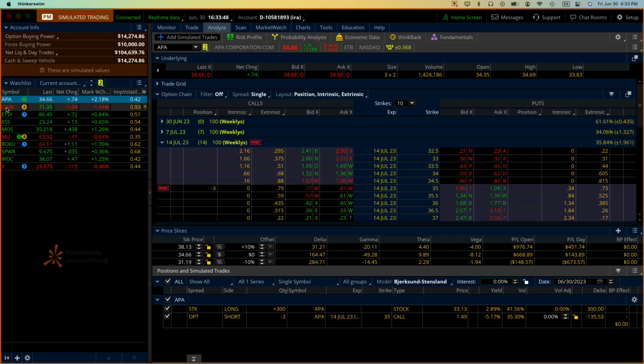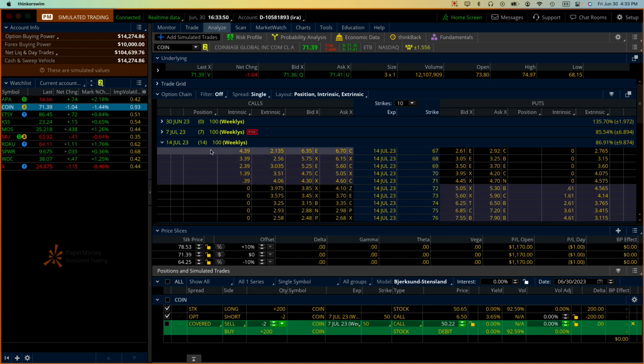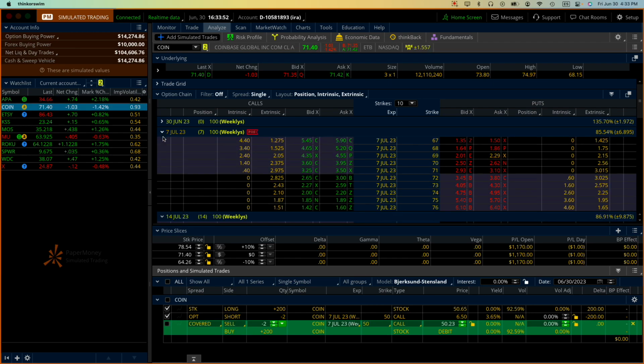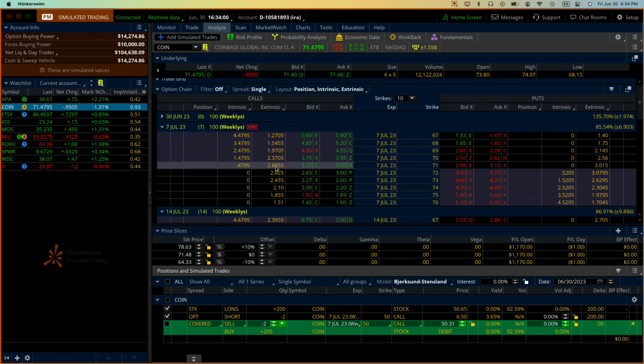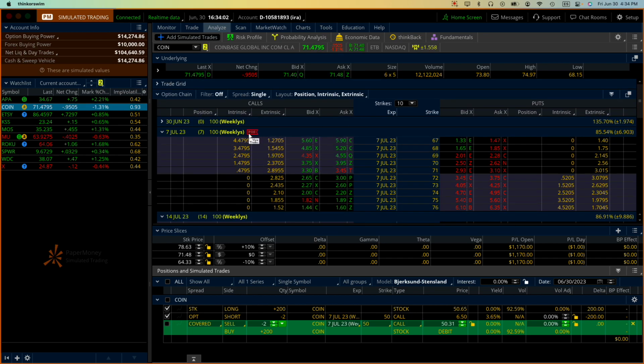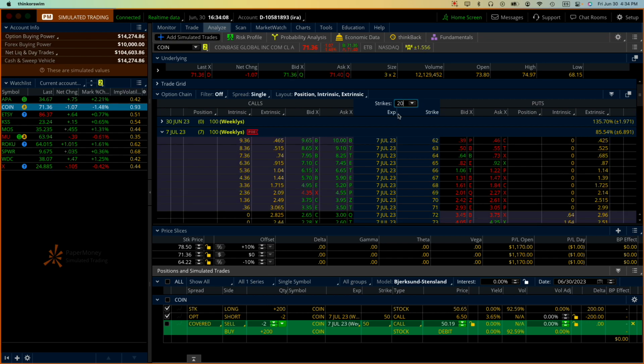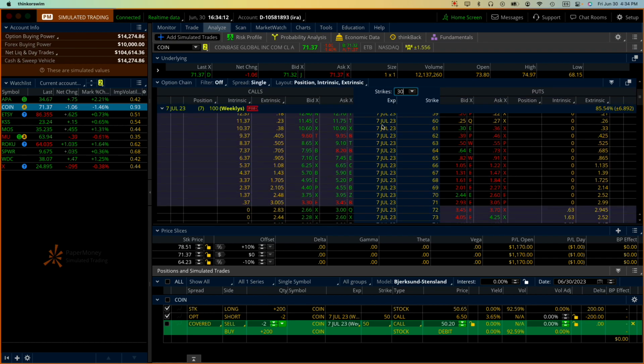Let's move on to Coin, and here we have 7 days to expiration, which means we're talking about next week. And in this case, I'm going to have to increase the number of strikes in order to see my position. Let's say 20, even more, 30, which means the stock has moved up very strongly.